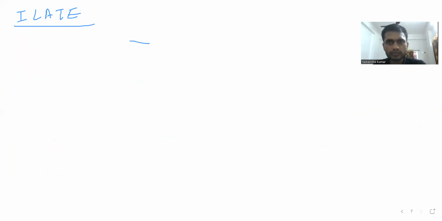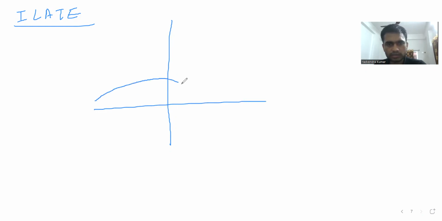If any rough sketch of a function is given, like this, so this is a function. But not all graphs are functions.